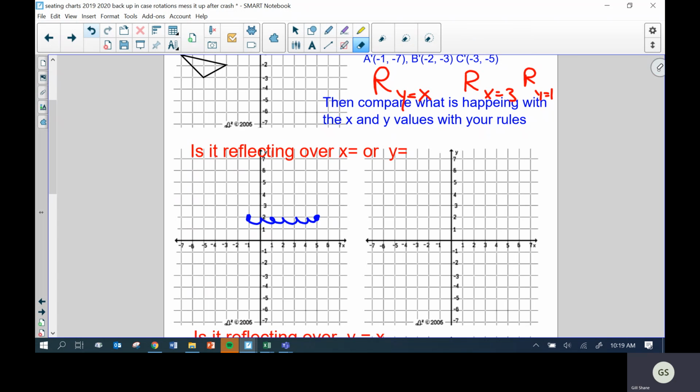And again, I don't go to the number 3. I need to count 3 spaces from one of the points: 1, 2, 3. So that should be my line right there. And again, I can just check and make sure I'm the same distance away from both sides. 1, 2, 3, yeah, 1, 2, 3, yeah, so there we go. So the final answer would be reflecting it over x equals 2.